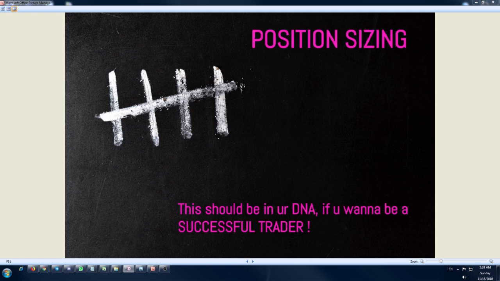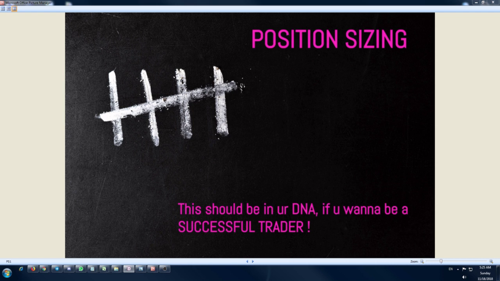Now, how do we calculate position sizing? Your position sizing will be the risk appetite divided by your stop loss. In the example I took before, I have a capital of 50,000. My risk appetite is 2,500 per trade, and if I'm trading a 500 rupees script, my max stop loss will be 5 rupees.